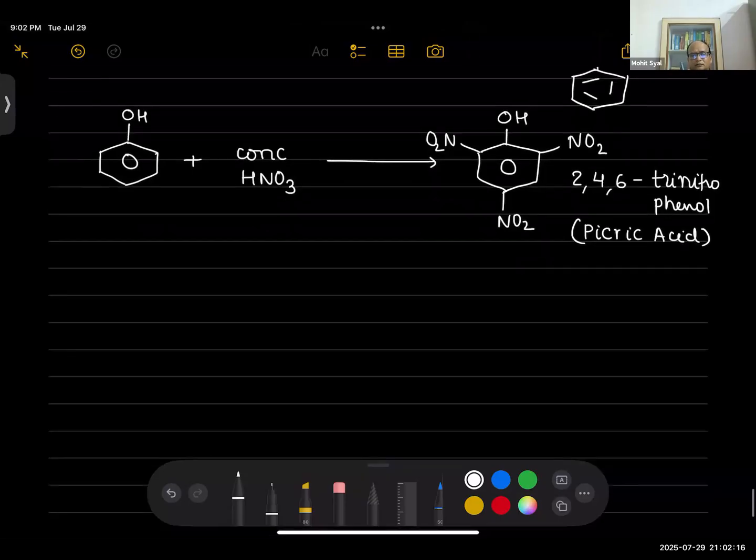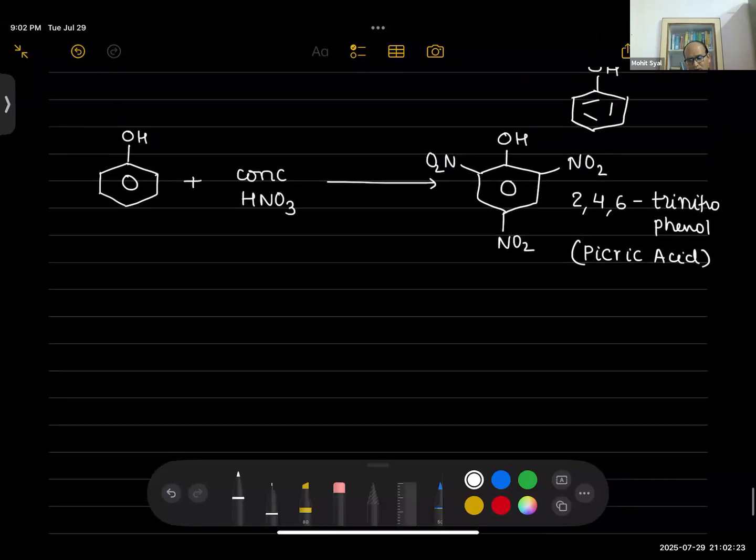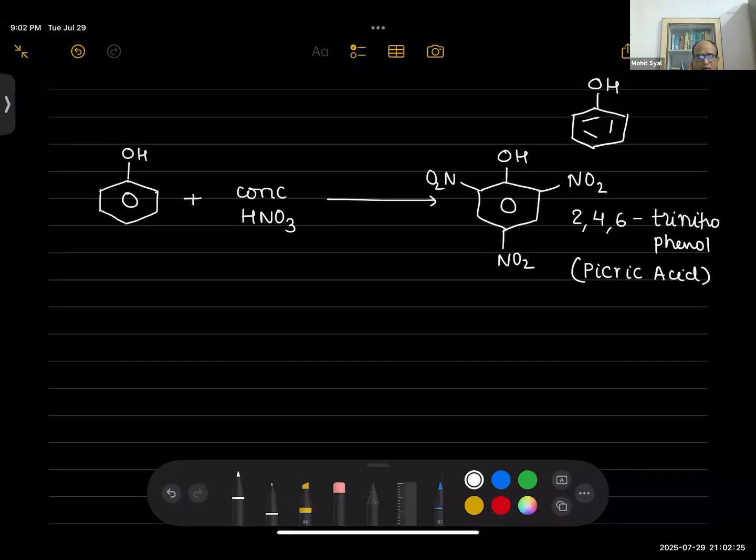And next is halogenation of phenol. But always remember where the reactions are going to take place.